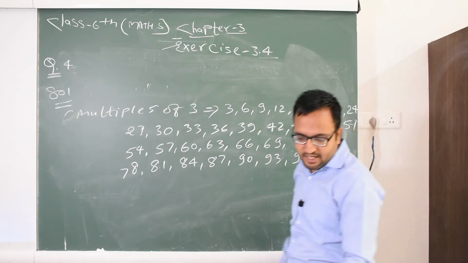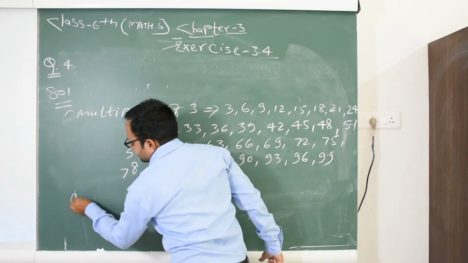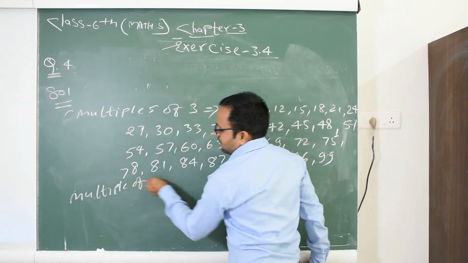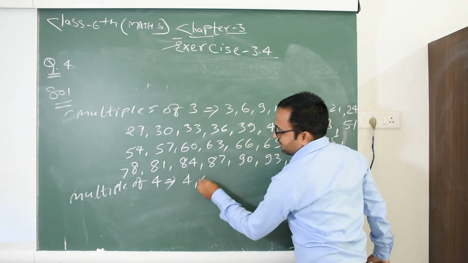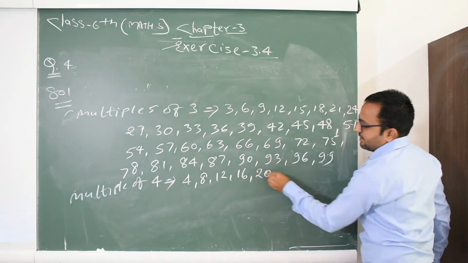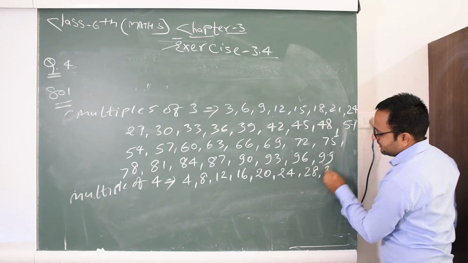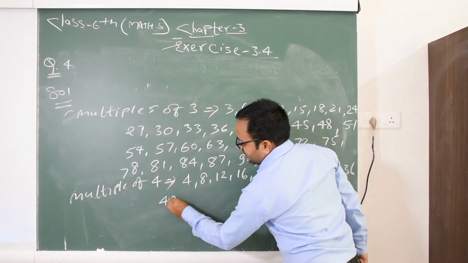Same as we write the multiples of 4. Multiples of 4: 4, 8, 12, 16, 20, 24, 28, 32, 36 and 40.